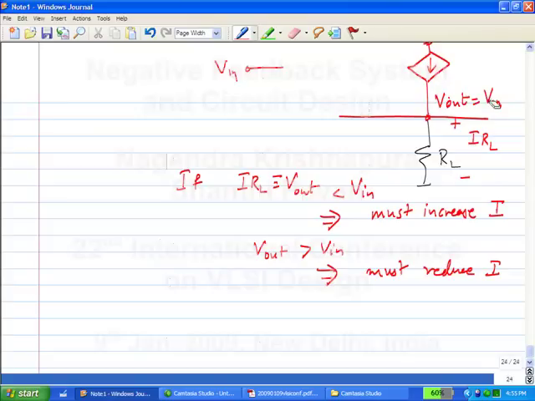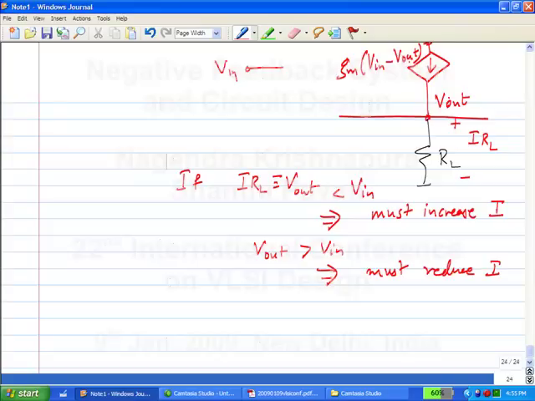So what must be the dimensions of the constant of proportionality relating the output to the input? It must be of some form Gm times Vin minus Vout. Should it be Vin minus Vout or Vout minus Vin? If Vout is smaller than Vin, current must flow in this direction. So Vin minus Vout is correct.